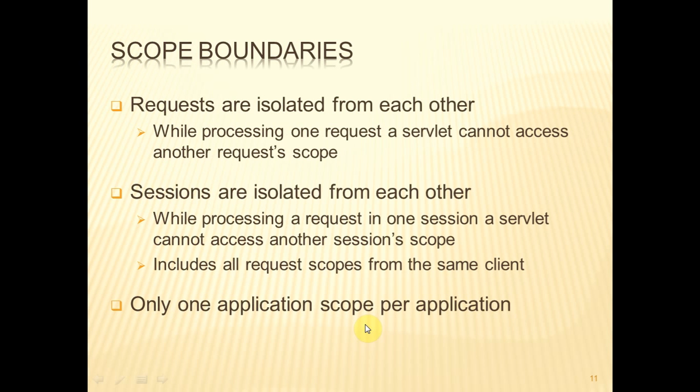So I mentioned earlier on about boundaries. Scopes have very well-defined boundaries. The requests are isolated from each other. In other words, while processing a request, let's call it request A, a servlet is not able to access any other request scope.